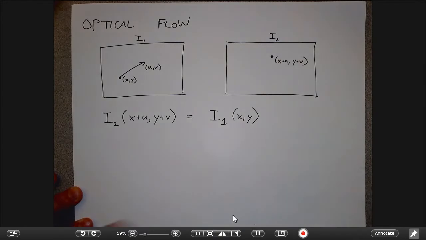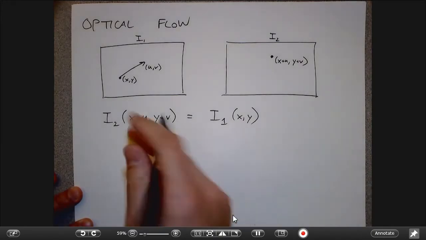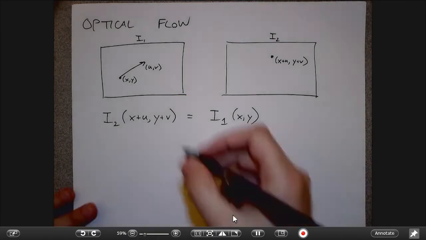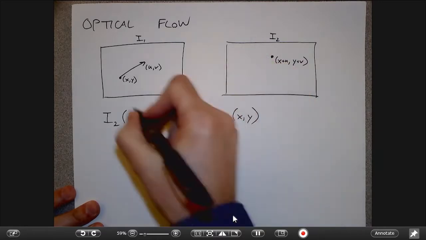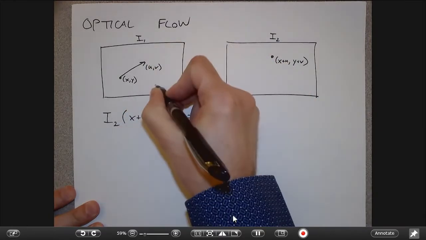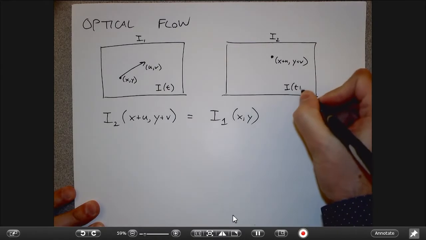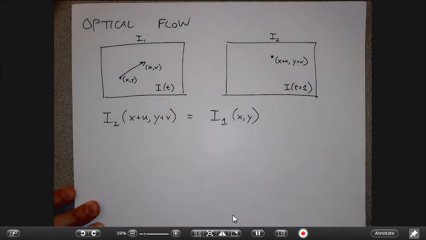oftentimes in optical flow, instead of these being two arbitrary images taken at different times, it's often instructive to think about these images as literally samples in time, for example from a video sequence. So another way of thinking about this problem is we could call this image I at time t, and this image I at time t plus 1. There's basically this interval of sampling.